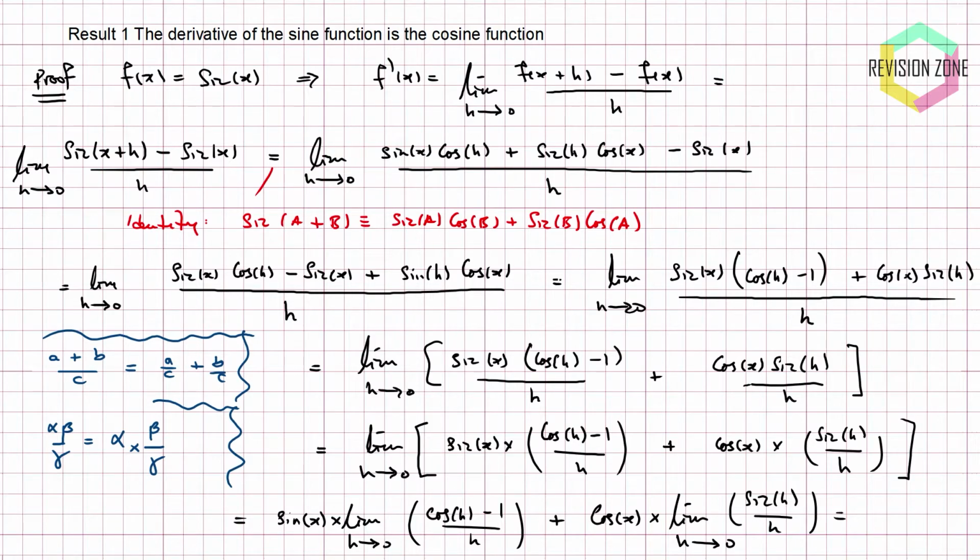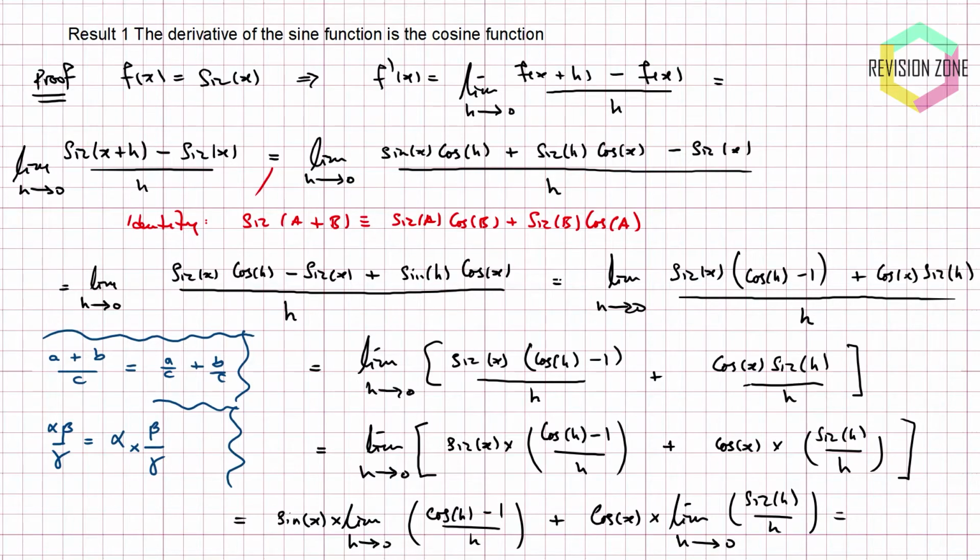At this stage, we need to go back to the result we worked out in the previous video of this series, where we figured out what this limit was and what this limit was. If I'm not misremembering, this limit was statement 3, result 3 in that video, and this was result 2 that we worked out in that video. We know what these limits are going to evaluate to.